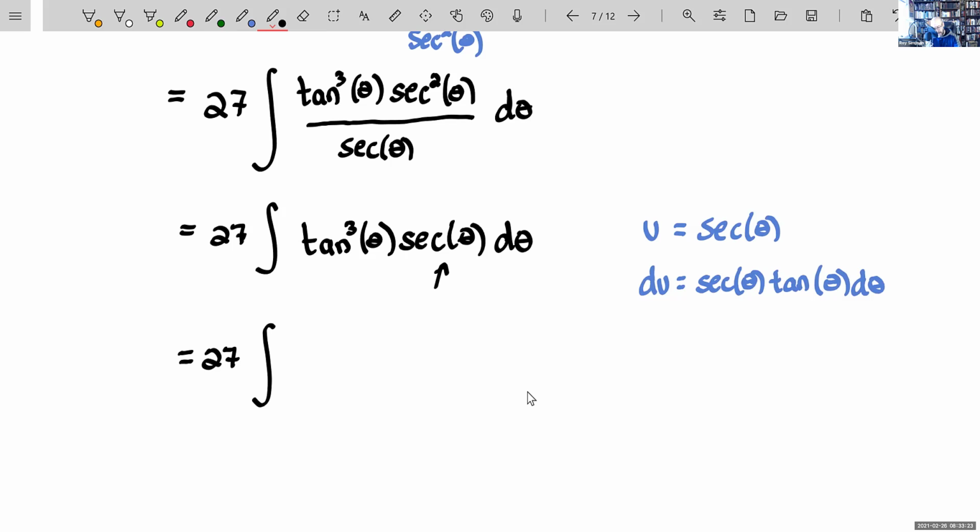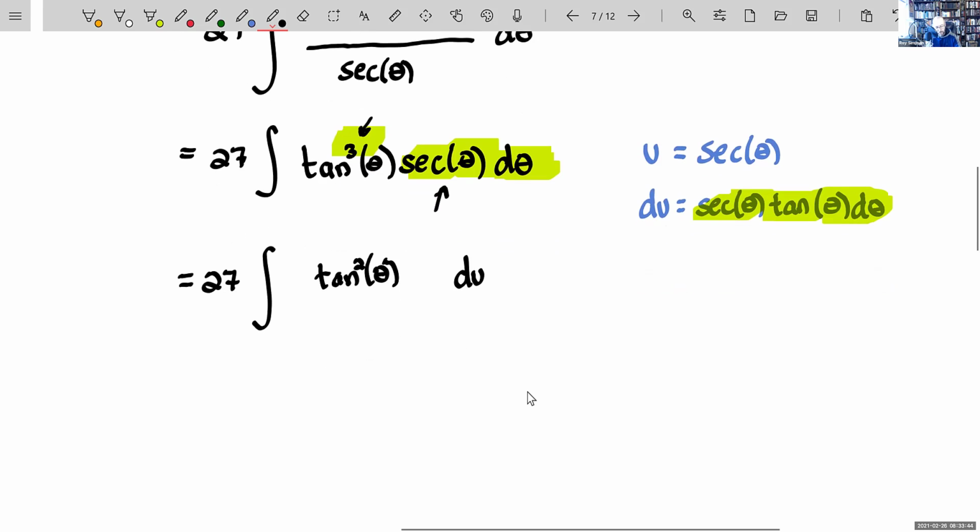The secant and a power of tangent is stolen away. Secant, a power of tangent, and d theta, actually. So this, and a single power of tangent gets stolen away for a du. We're left with a tangent squared of theta. And we're back to the previous problem.